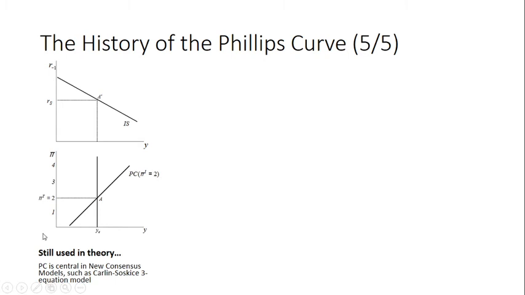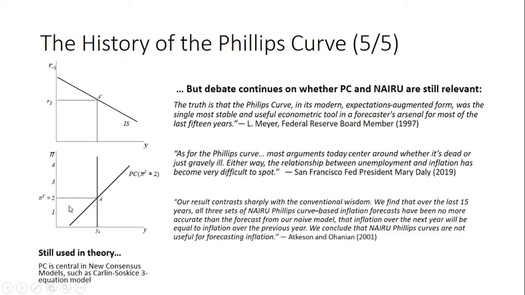We don't need to get into the new consensus model, but the Phillips curve is still central in these models, despite the fact that there is not really a consensus on whether the Phillips curve and the related NAIRU, or natural rate of unemployment, are still empirically relevant, whether this relationship actually holds. I just pulled up a few quotes on the matter from various policymakers and academics.